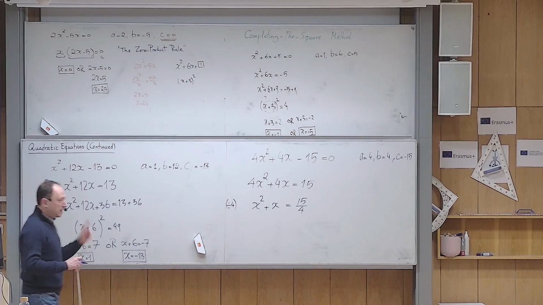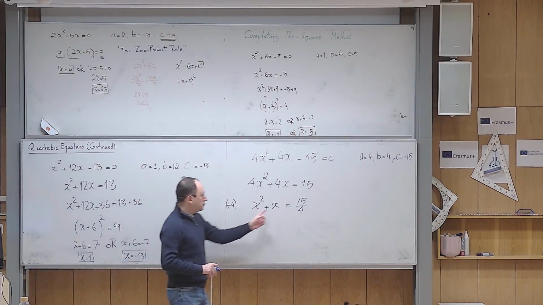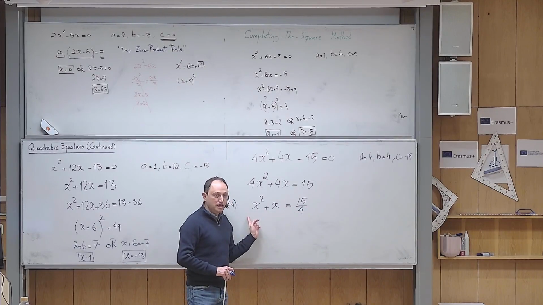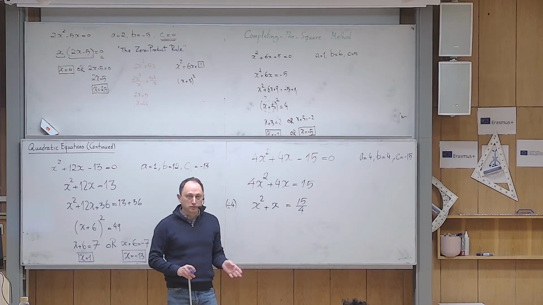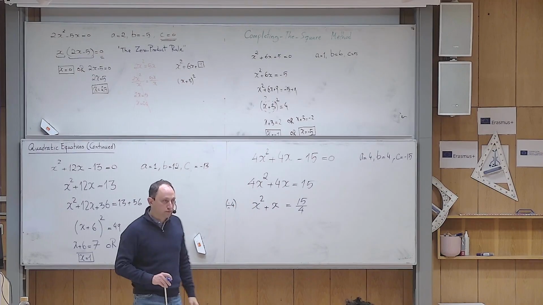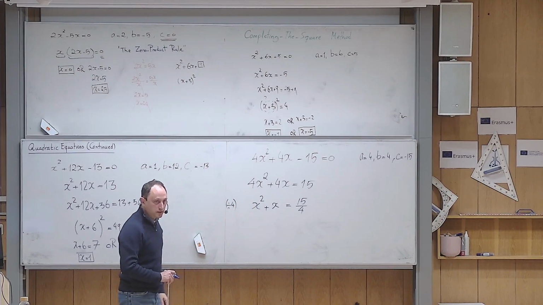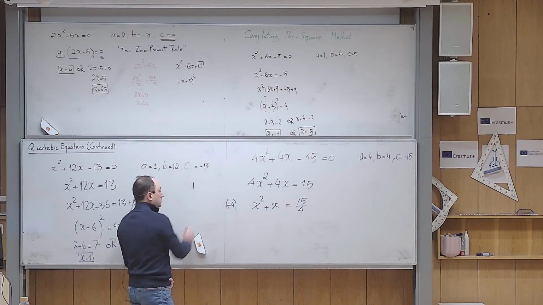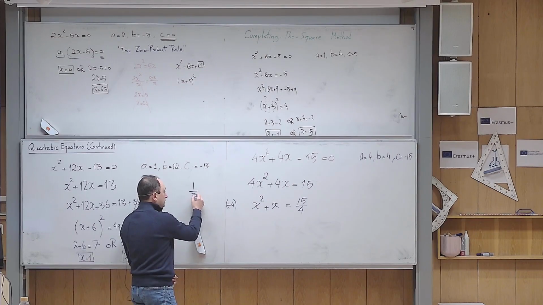It is good to know the rule of thumb. My question is still the same: I want to write something here and there so that the left-hand side becomes the answer to a squaring rule. If you can do it in your head, just do it. If not, I told you the rule of thumb. What was that? Take this number, which is 1, divide it by 2, and square it.